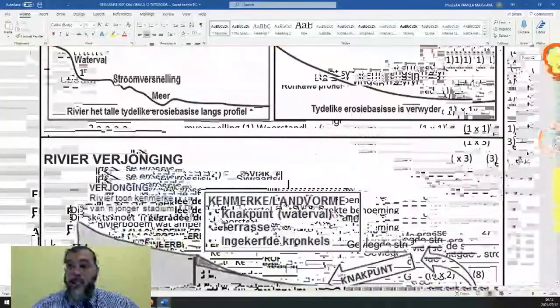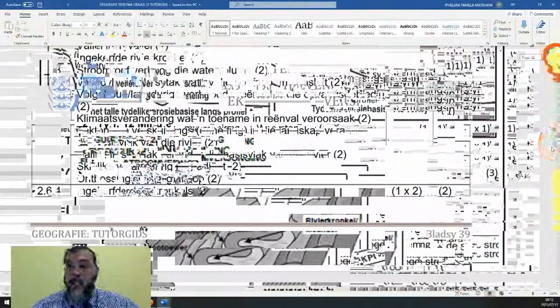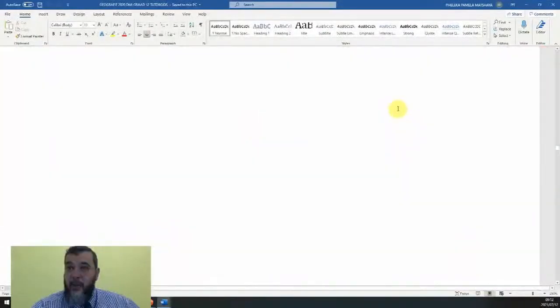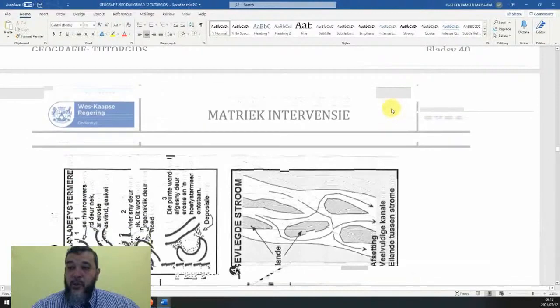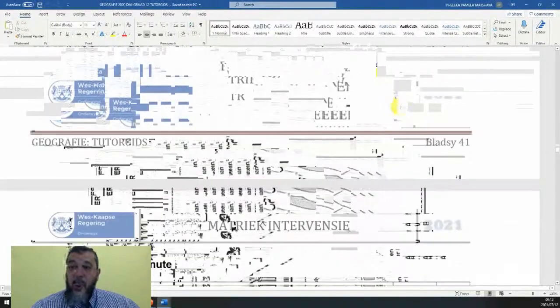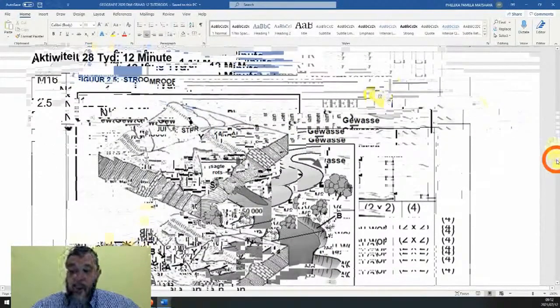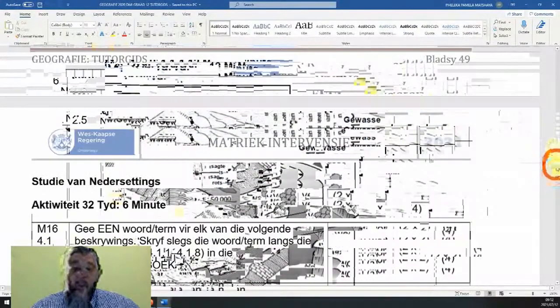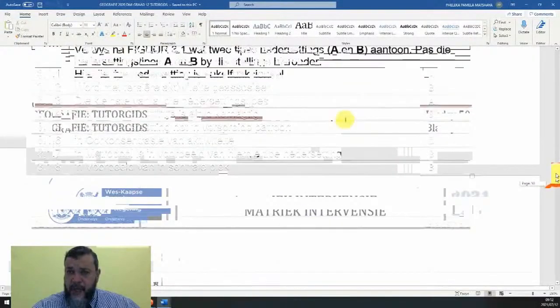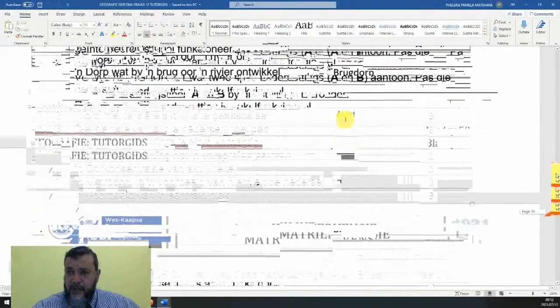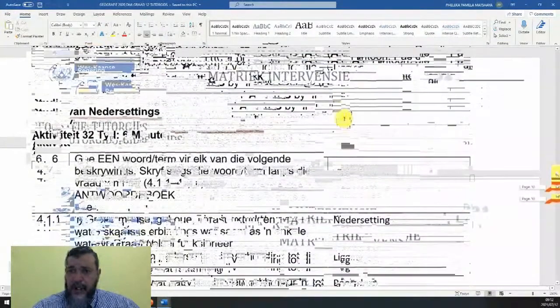The learners who do not have this, please contact me. I'll give you my email address, and I will email it to you, or ask your team to contact me, and I will email this to them, and then they can just print it and give it to you. This resource is a very good resource for studying because it covers all the sections of work. Alright, so there we are.